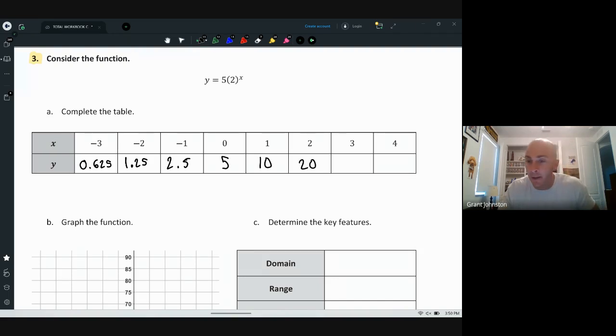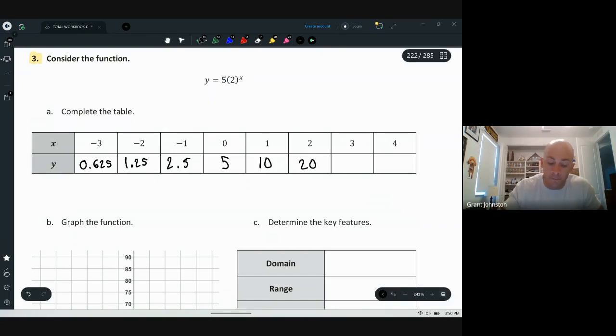And you can kind of see the pattern in the table right now. It's multiplying by 2 each time, which makes sense because that's the b value. So this should be 40 and this should be 80.